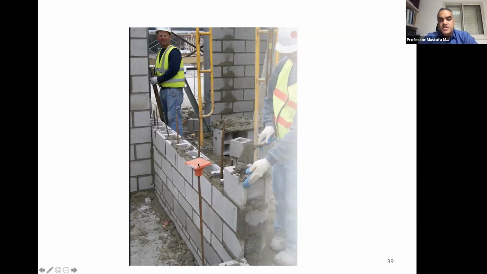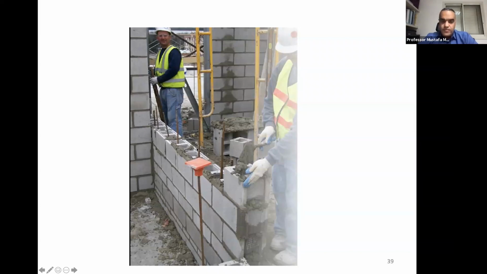As you can see, the mortar is used between the joints, but whether it's used only at the edges for the face shell, or whether it's used across the web also, that's an important point to look for if you are, for example, a field engineer or a designer visiting the site, because sometimes using mortar in between is overlooked, and some tests have shown the difference in strength between face shell bedded and fully bedded.